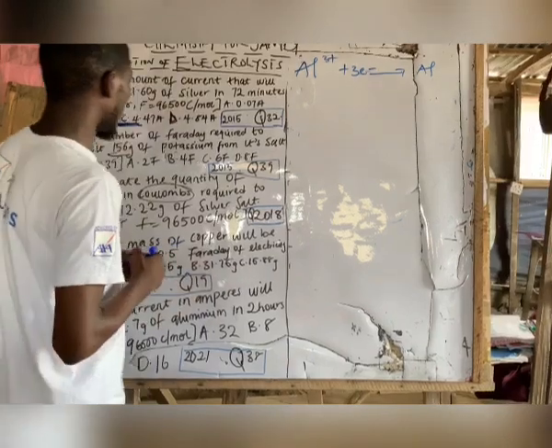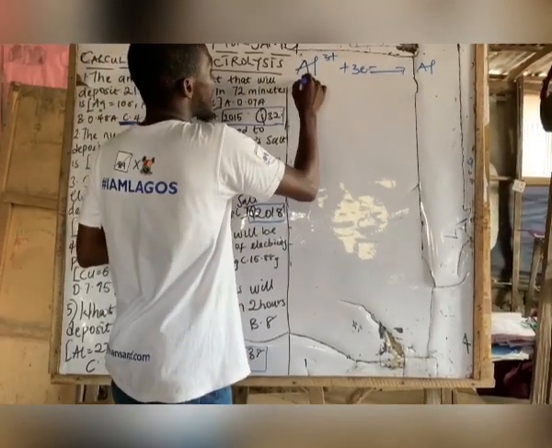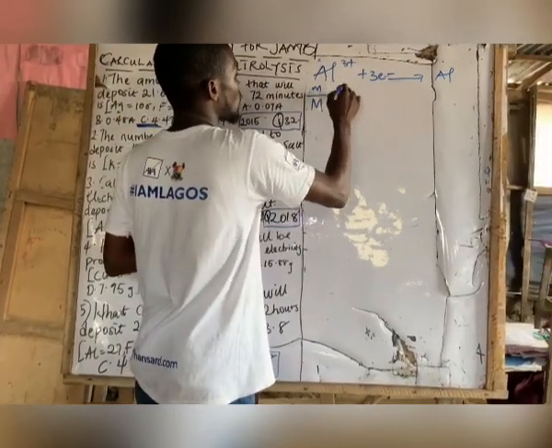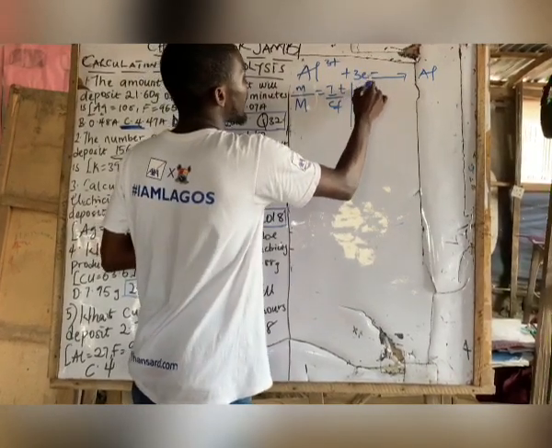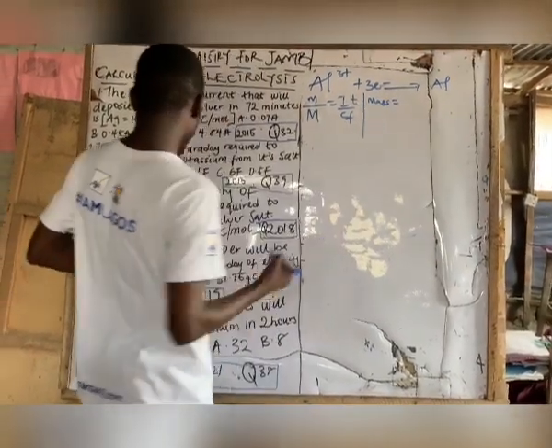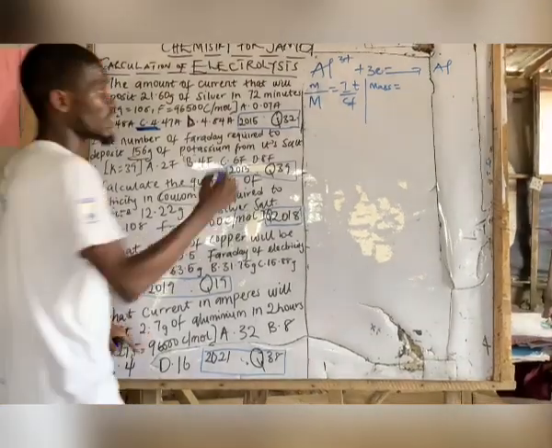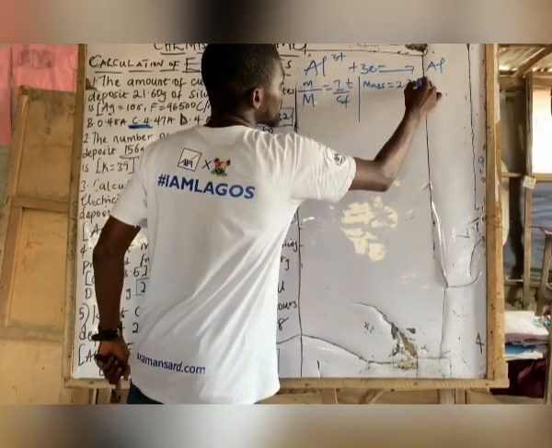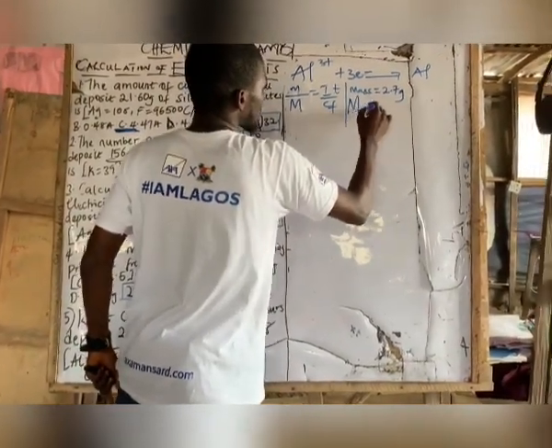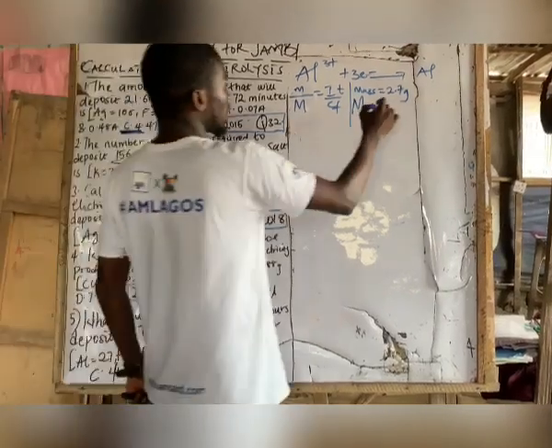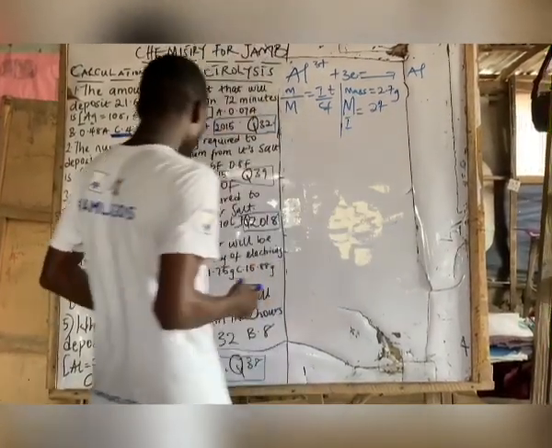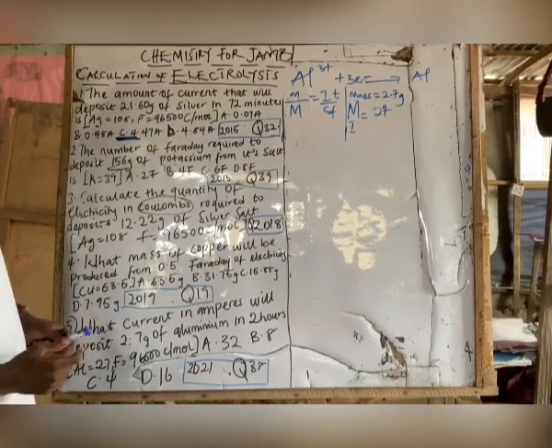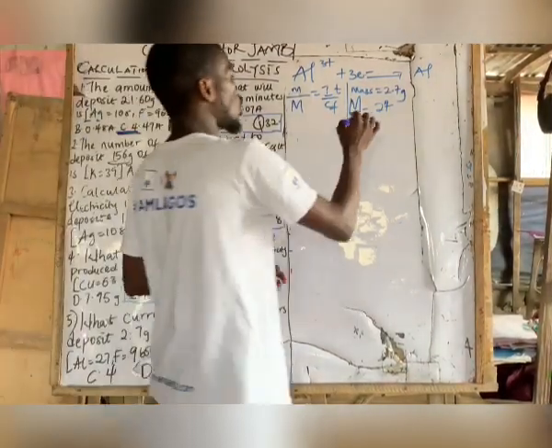Don't forget the formula we are using: mass over molar mass is equal to IT over CF. Class, what is our mass? Our mass is 2.7 gram. Our molar mass of aluminium is 27. The current in ampere is unknown, so we have to look for the current.